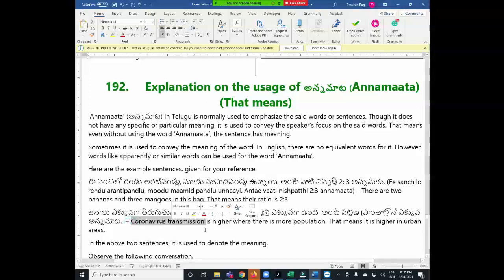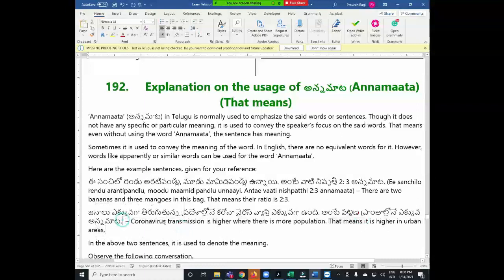Coronavirus transmission is higher where there is more population. That means it is higher in urban areas. Sometimes we can consider that means to translate the word annamata, but it is not always, sometimes. So here we can consider that means annamata.